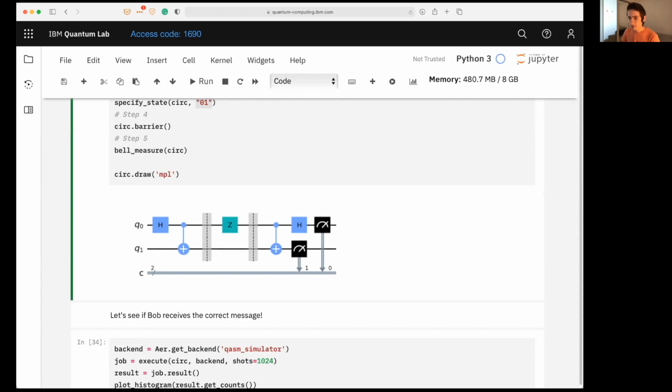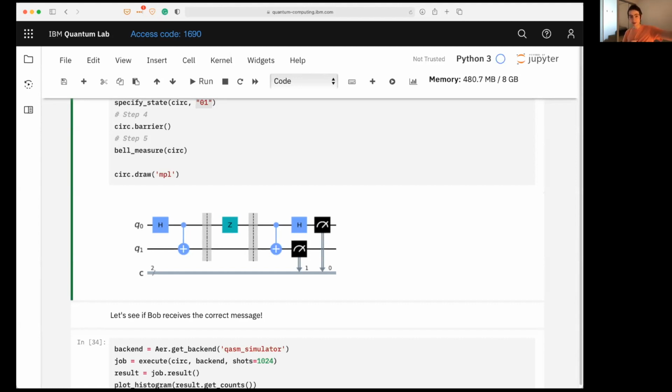So I see a few people saying that Alice's qubit does not get sent back to Bob. I think this is a misconception, if I'm understanding this correctly. Alice's and Bob's qubits are physically separated, right? Bob always has his qubit.